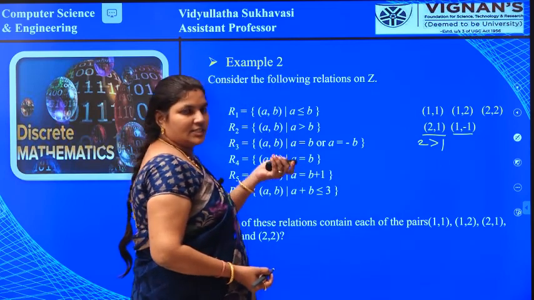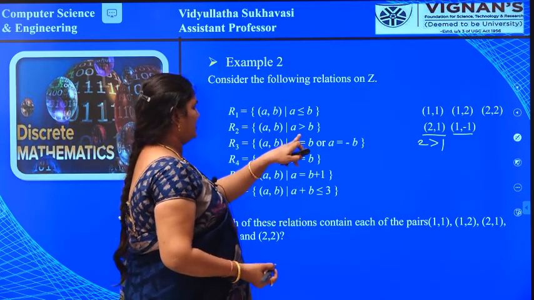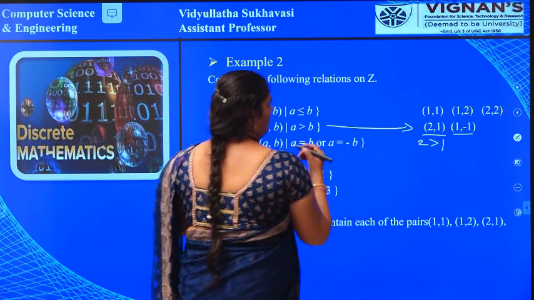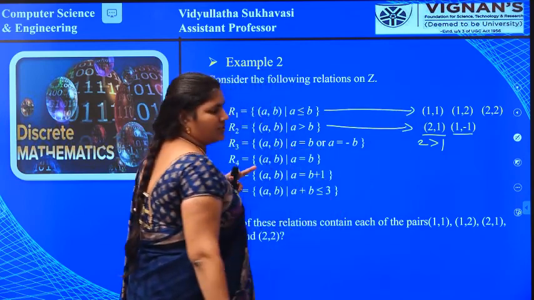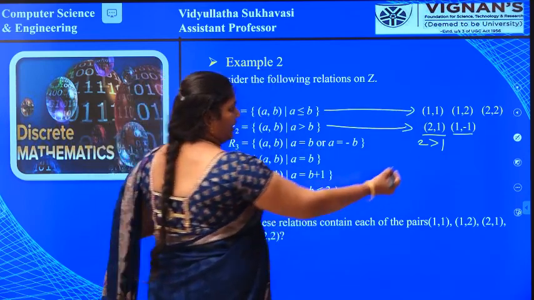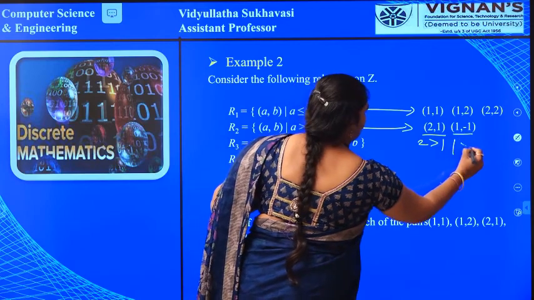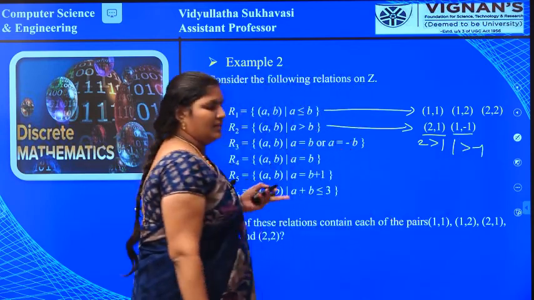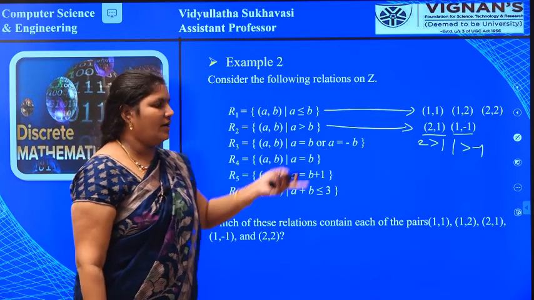So the condition is satisfied, so this ordered pair will exist in the relation R2. And (1,-1): 1 is greater than -1. That means the condition is satisfied, so that ordered pair will exist.